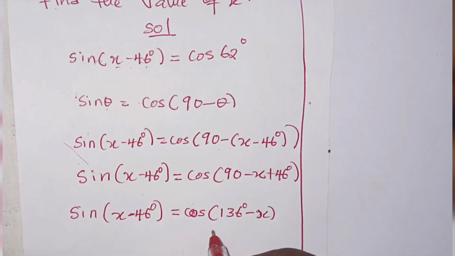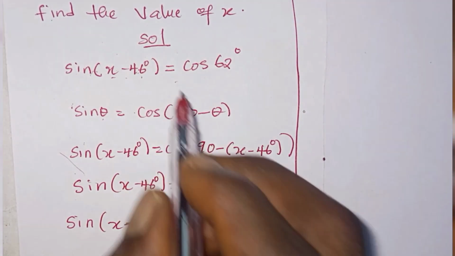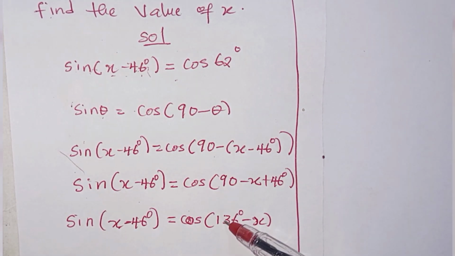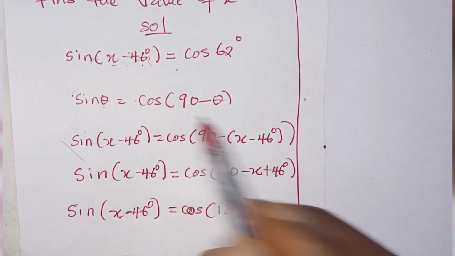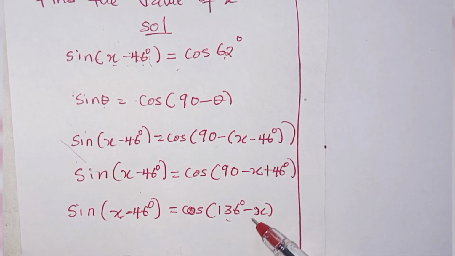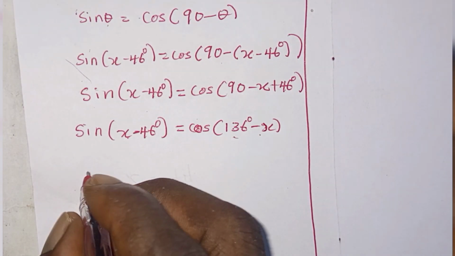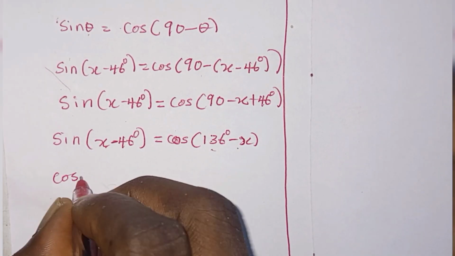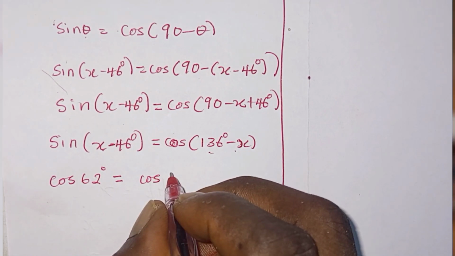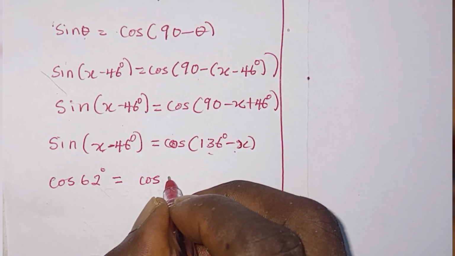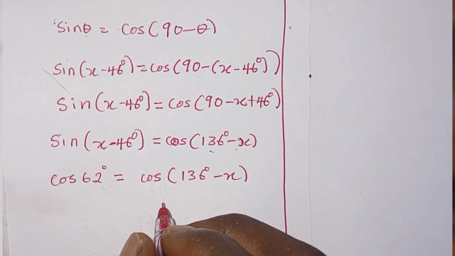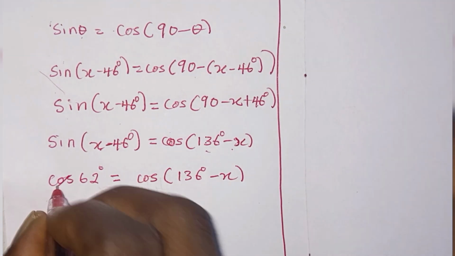By comparing it with the given question, we can relate that this is equal to this and this is equal to this. So cos 62 degrees is equal to cos (136 degrees minus x). By comparing, we cancel cos.